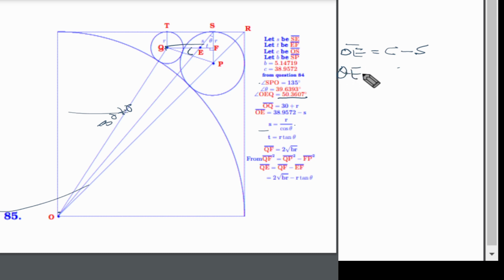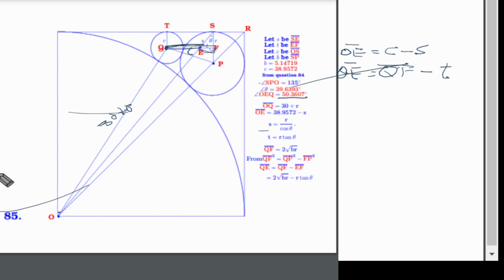QE will be the same as QF minus T. QF minus T will be QE. You got it, right? Got it?